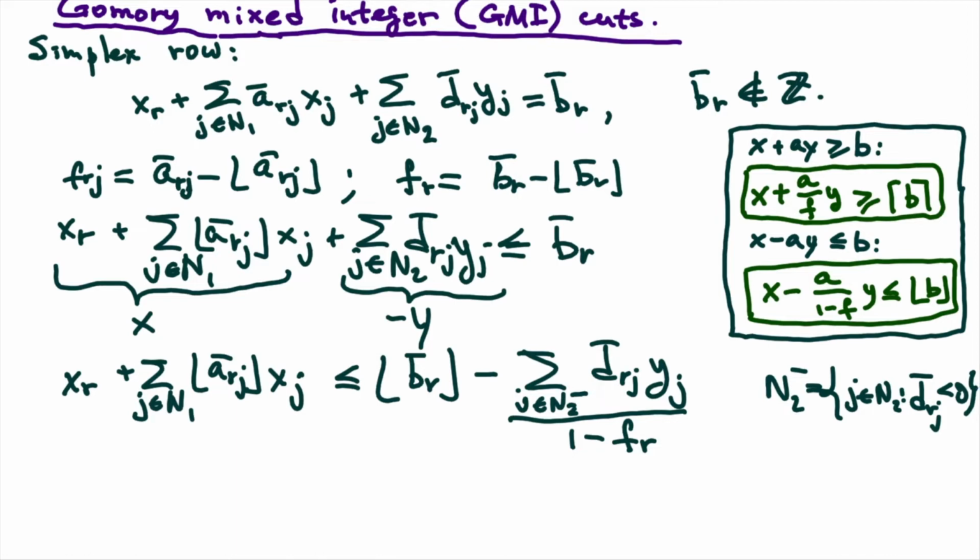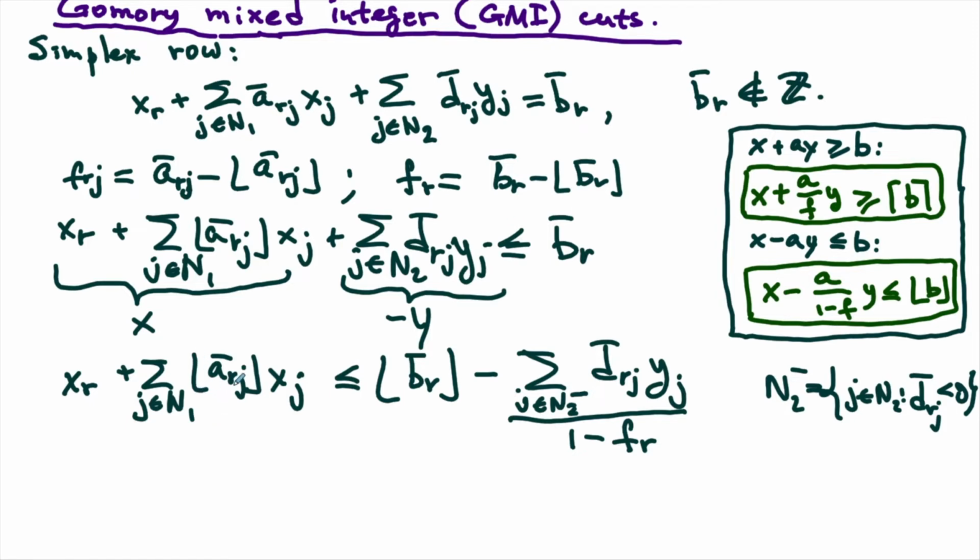Alright, so this is clearly a valid inequality, but we are going to try to slightly strengthen this inequality. So, and the motivation is as follows. If this fractional part for arj's is kind of small, then rounding down doesn't hurt you much in the left hand side. So generally, to have as tight as possible inequality, we want these coefficients here to be as large as possible, right?